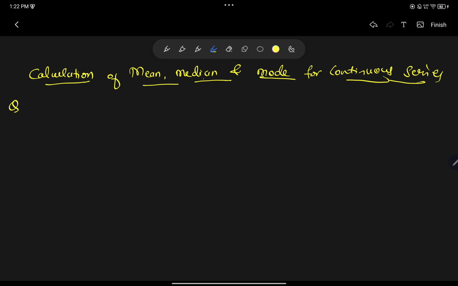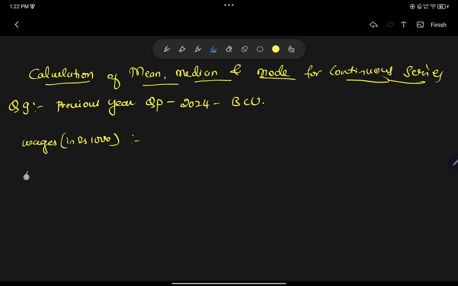The question is question number 9, previous year question paper 2024, Bangalore City University. Wages in rupees 1000, number of workers.